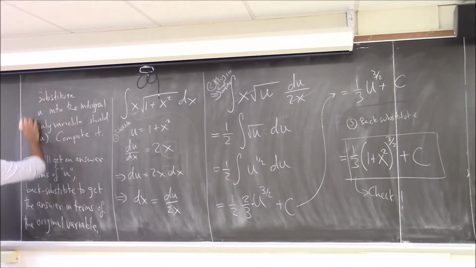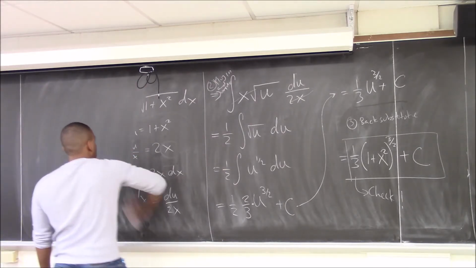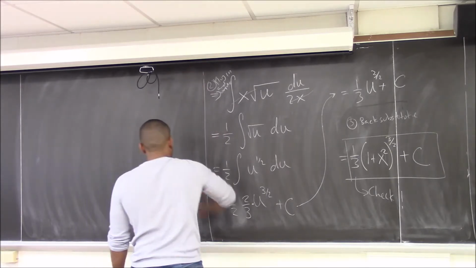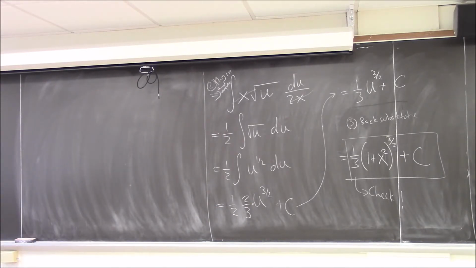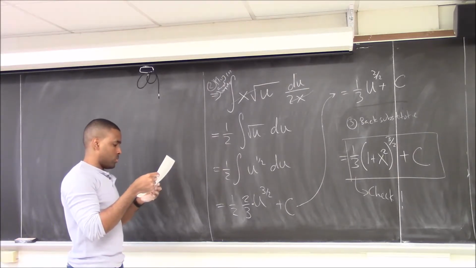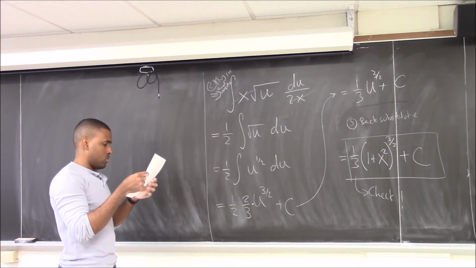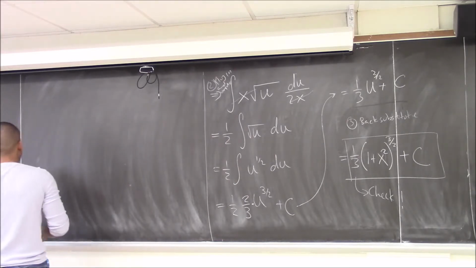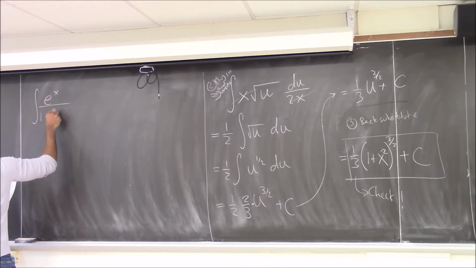So a few more examples. I think we managed to get to the 3. This one, e to the x over 1 plus e to the x.